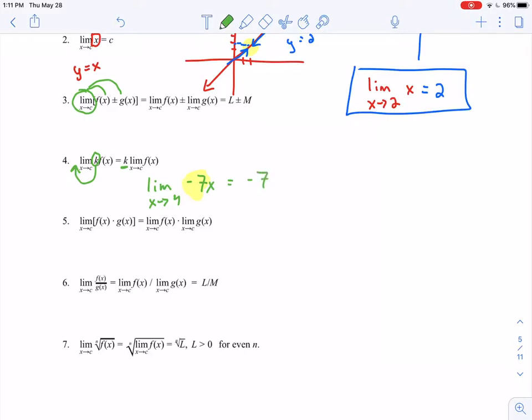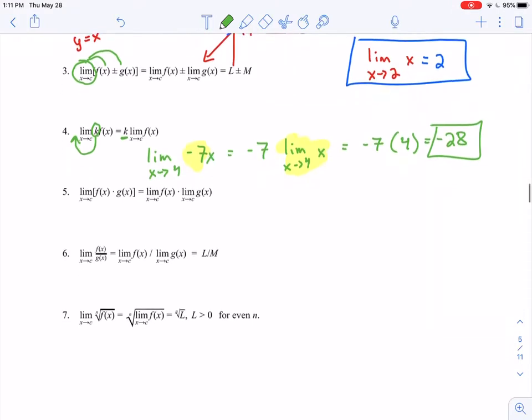I could say negative 7 times the limit as x approaches 4 of x. Going back to that second property, I know this is just going to be 4, so negative 7 times 4, I've got negative 28. So there we're using two properties, and this would be my limit.